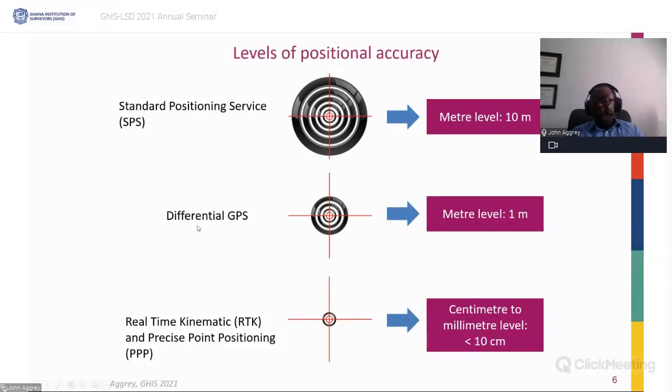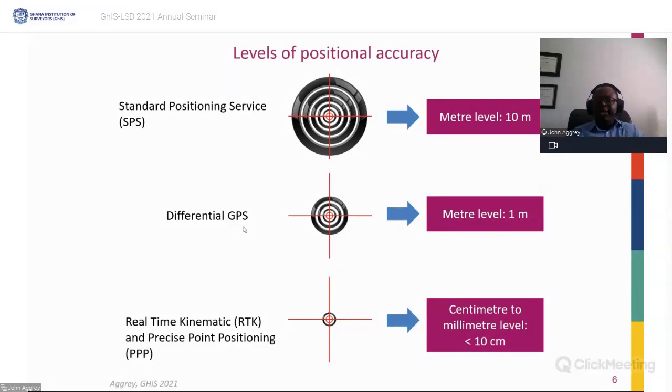We also have the differential GPS, which I'm sure most of you are really aware of. In other words, it's a relative technique. You have two GPS units, but the only difference is one of the GPS units, in this case the base station, is transmitting its corrections and measurements to the rover.